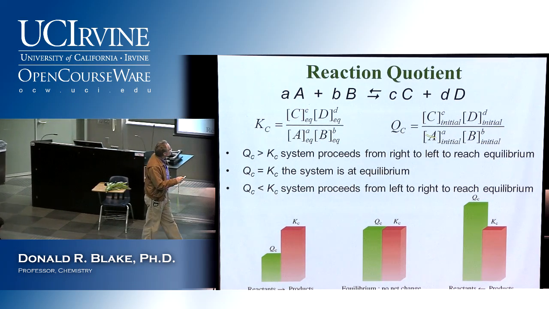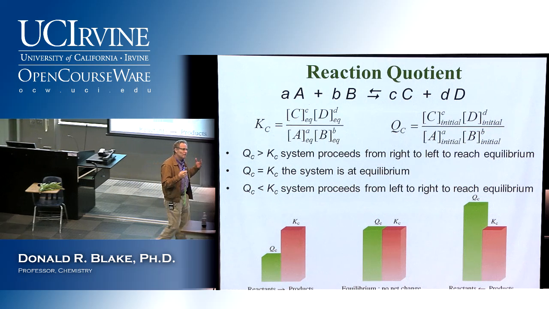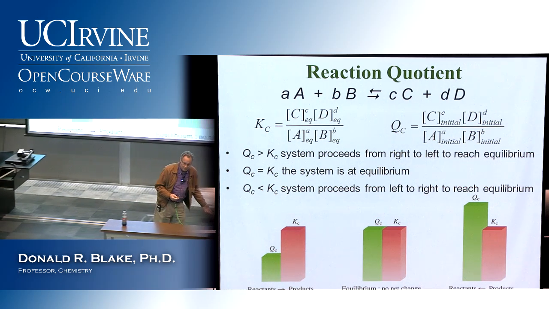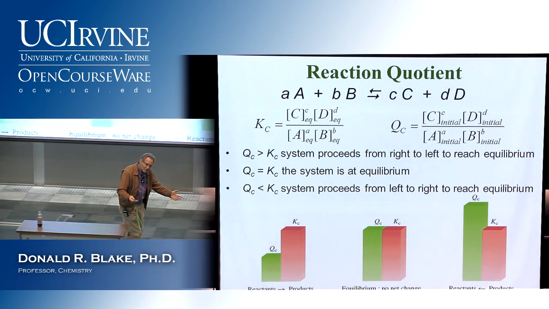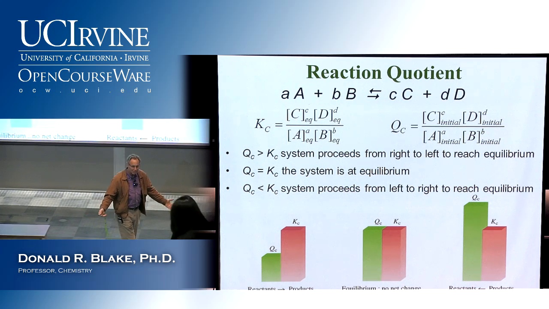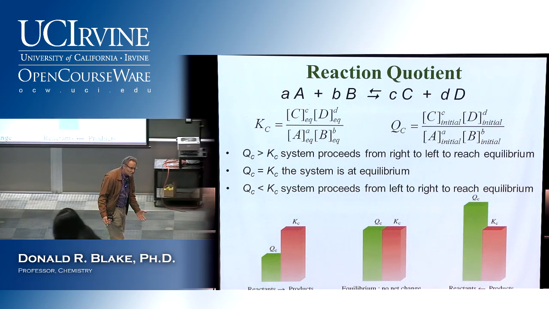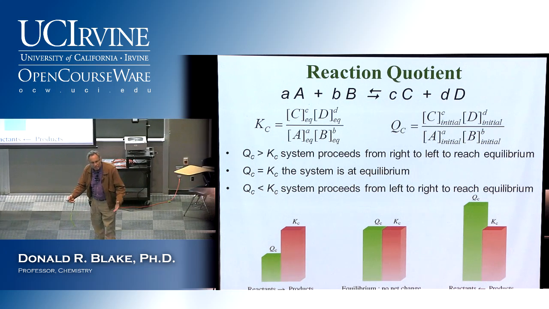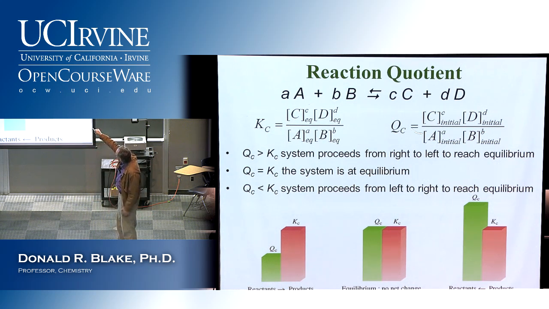However, if I say that you start with this, that's like the sandwich analogy, okay? You start with 26 pieces of bread and 3 tomatoes and 6 heads of lettuce. How much of this stuff can you make? This is going to tell you basically which way the reaction is going.